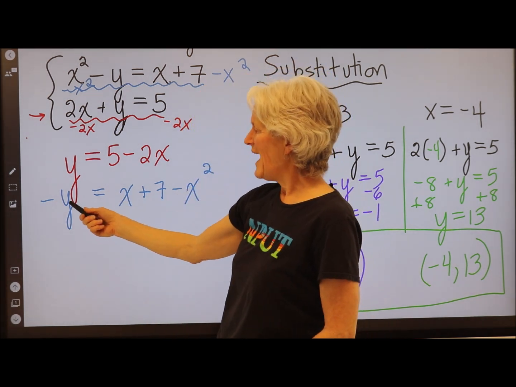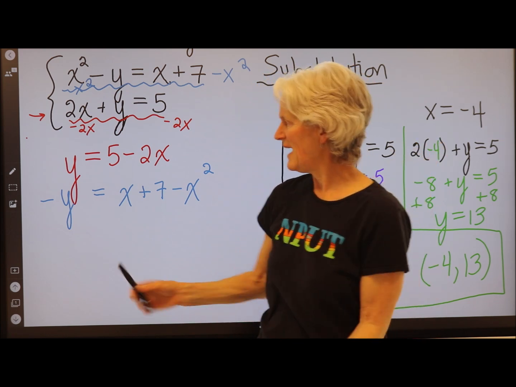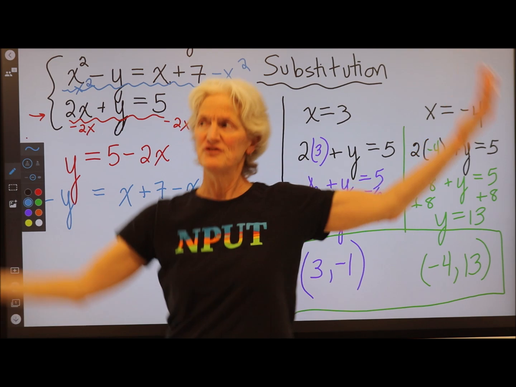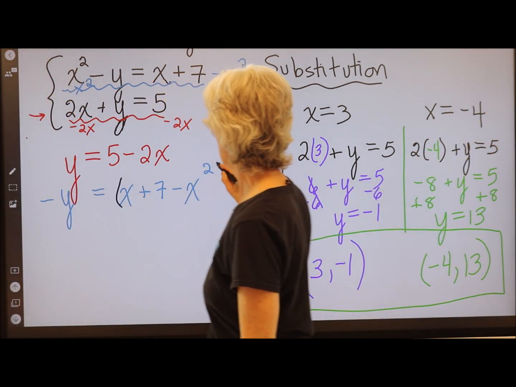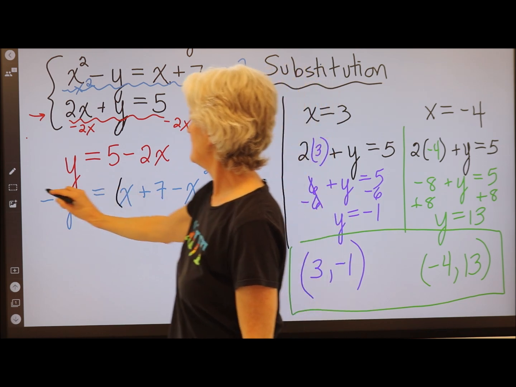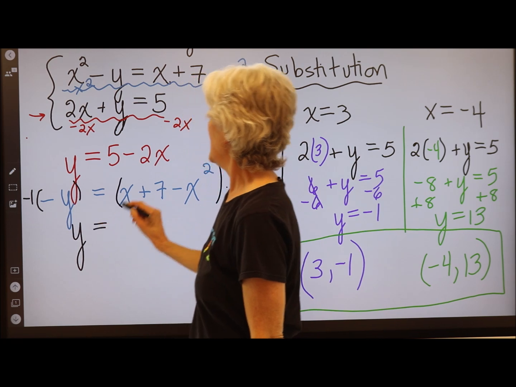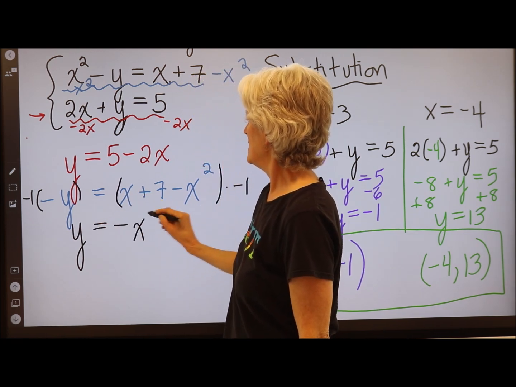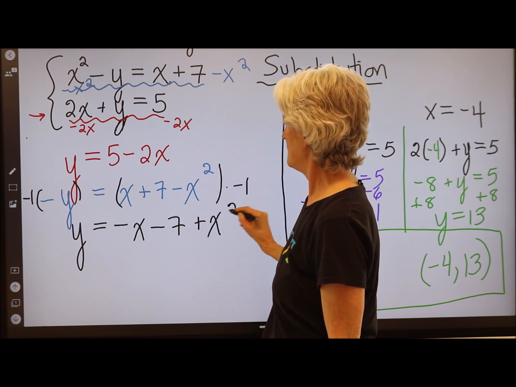If we want a y there, how can I get rid of that negative? That's right. I can do algebra. Whatever I do to one side, I do to the other. I can just multiply both sides by negative 1. So I have y equals negative x minus 7 plus x squared.